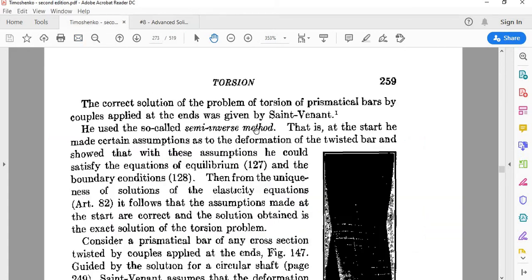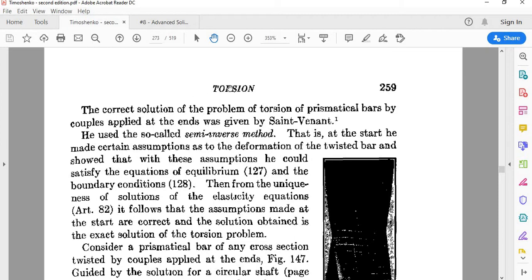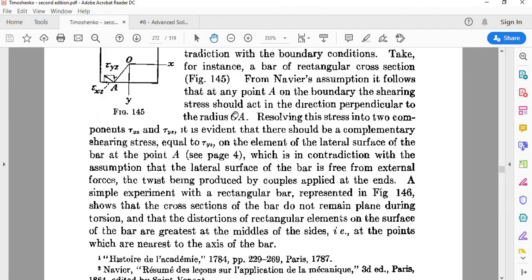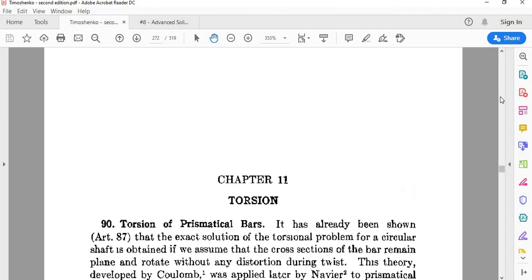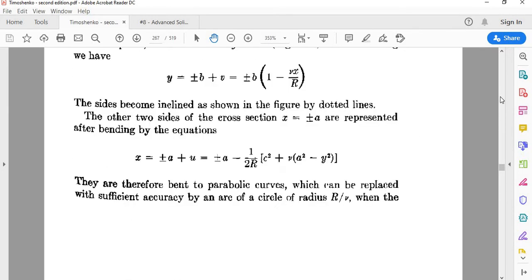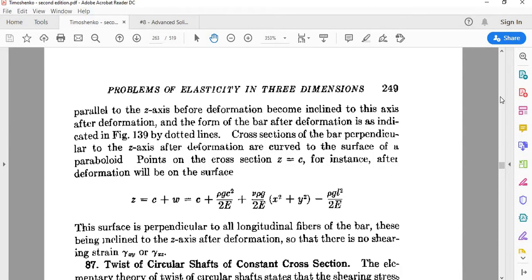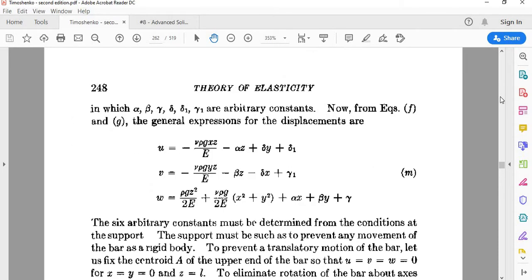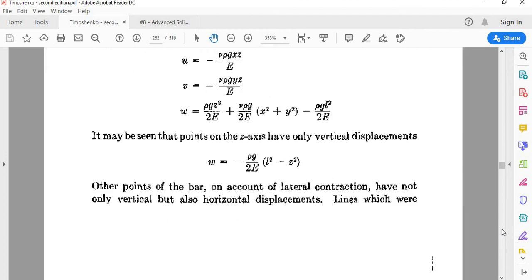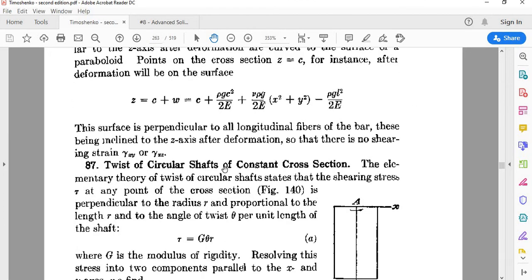Now this is where you have torsion in the second edition, page 259. As we said, the torsion of circular bars is fairly simple, and it is taken up in an earlier section, page 239. The torsion or twist of circular cross sections is taken up in section 87.